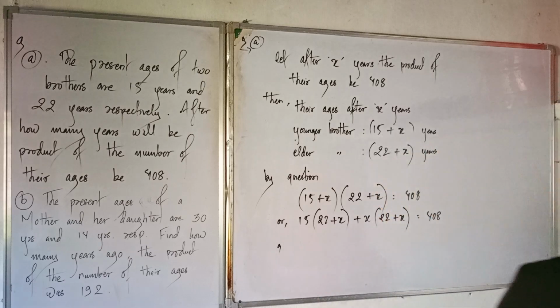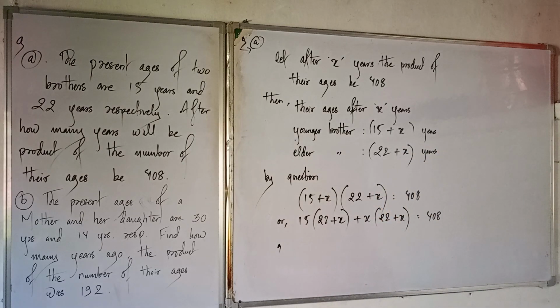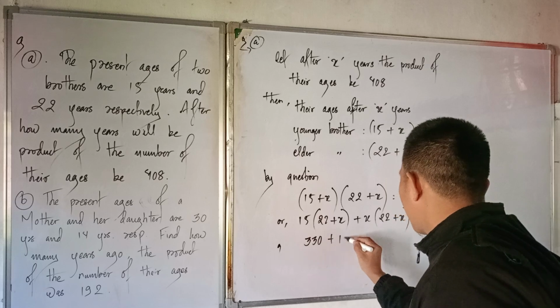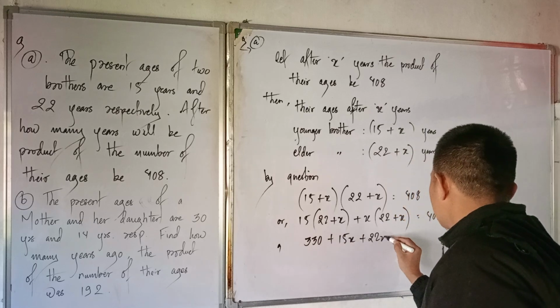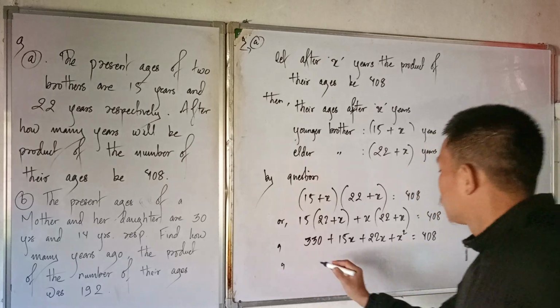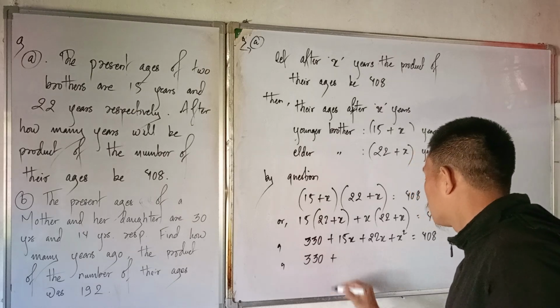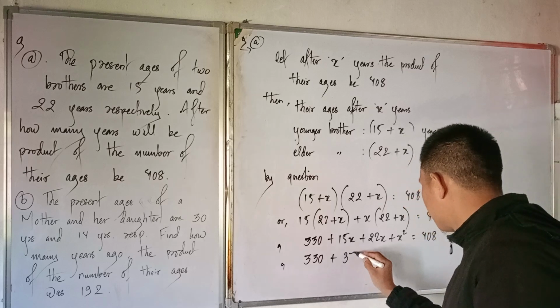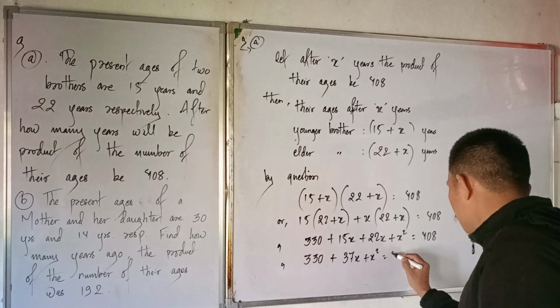Now you multiply that. I will be needing a calculator. If you know how to do that, you can simplify earlier than me. 15 into 22 is 330. So 330 plus 15x plus 22x plus x squared is equal to 408. Now 15 plus 22 is 37, so 37x plus x squared plus 330 is equal to 408.